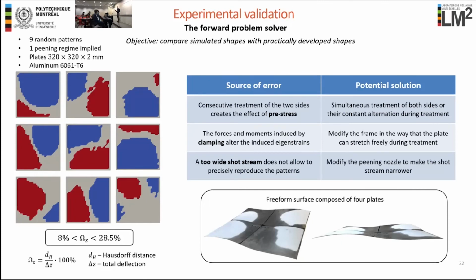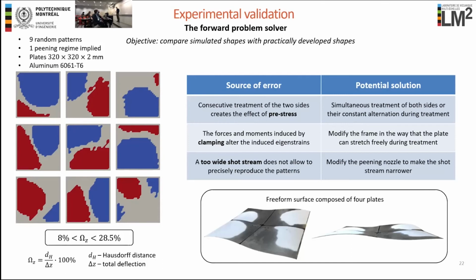But the problem is that when we actually turned to treat the second side, the plate was already bent a little bit towards the first side. And this effect decreased the eigenstrains induced on the second side with respect to the simulated ones. What we recommend to do in future is to constantly alternate the treated sides during treatment.